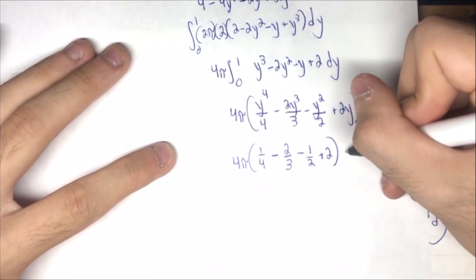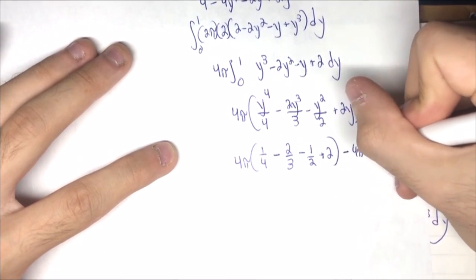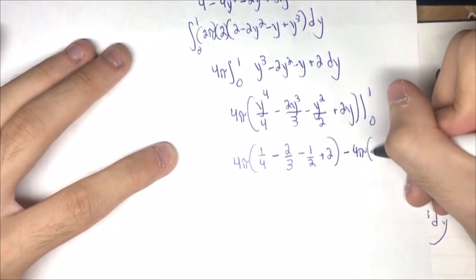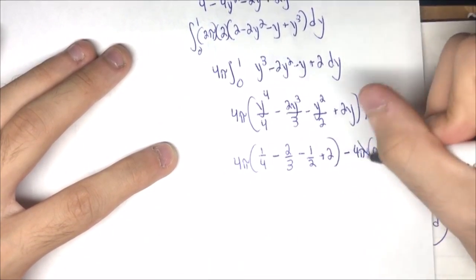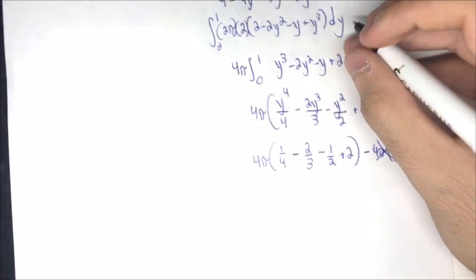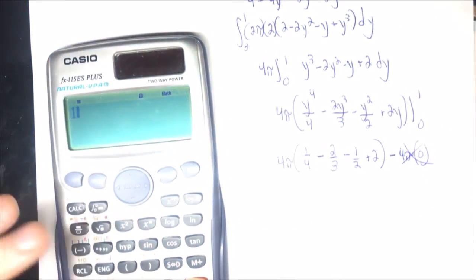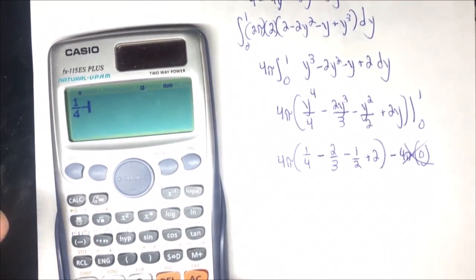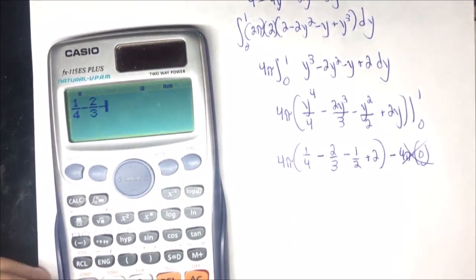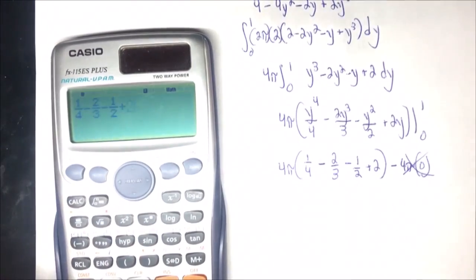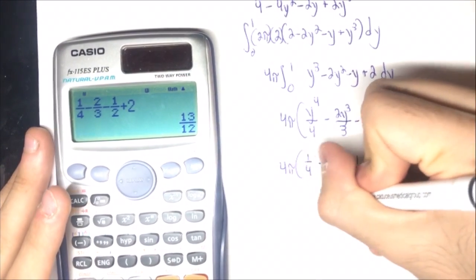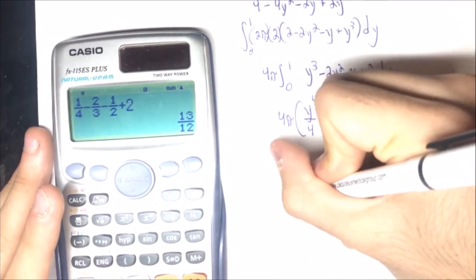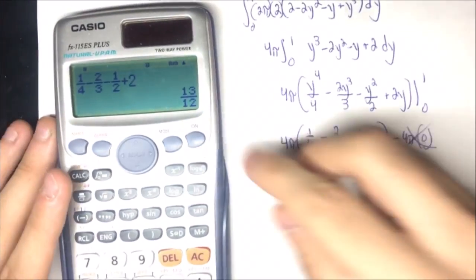Awesome. And then minus 4 pi times, plugging in 0, that would just give you 0. So boom, that's out of there. So let's calculate this: 1 over 4 minus 2 over 3 minus 1/2 plus 2 gives us 13 over 12, still being multiplied by 4 pi.